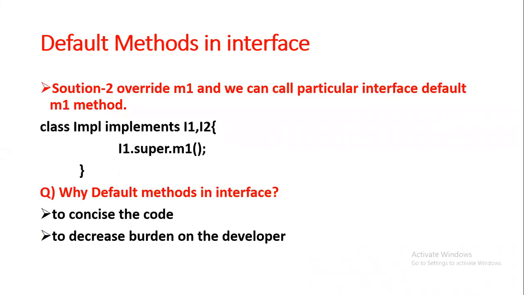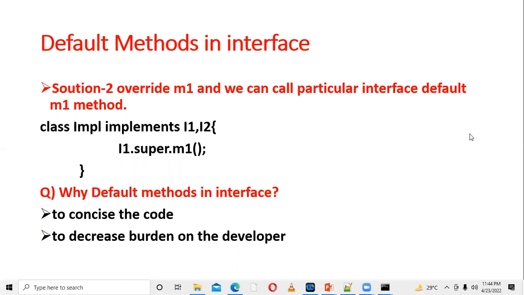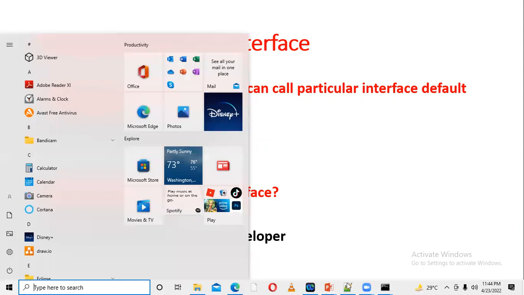To concise means to decrease from more number of lines of code to fewer lines of code. Okay, that is the thing. So that point we see, that point also we see.